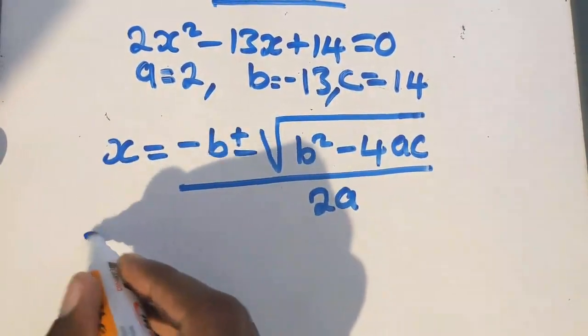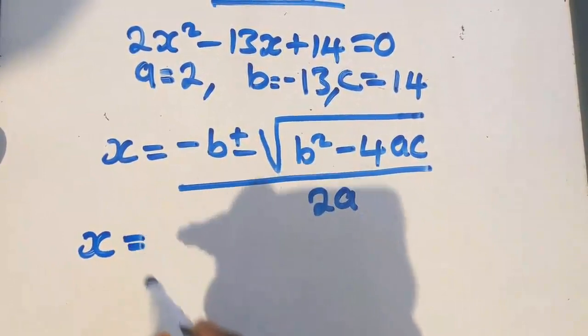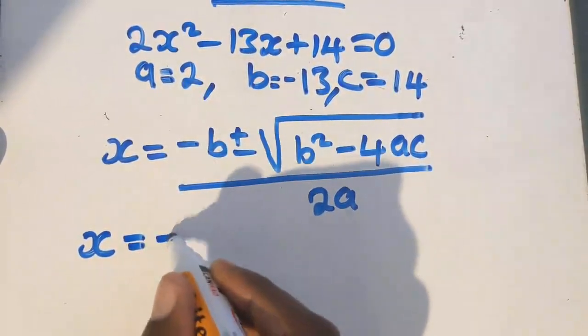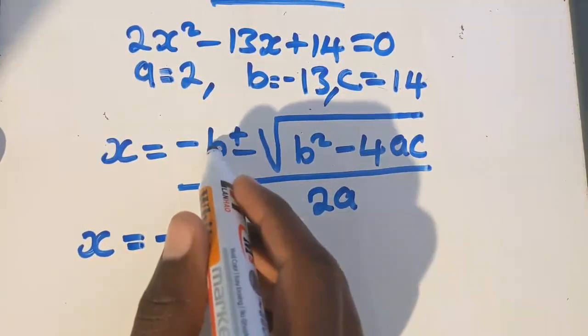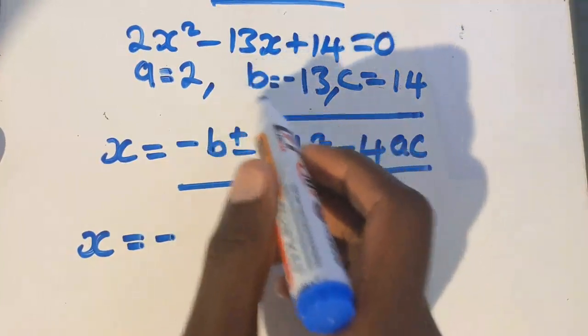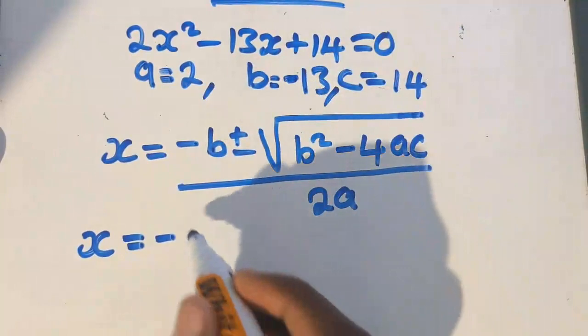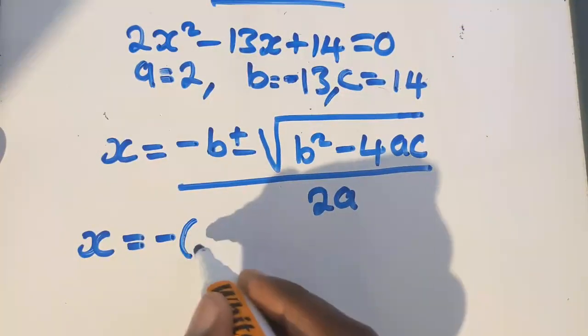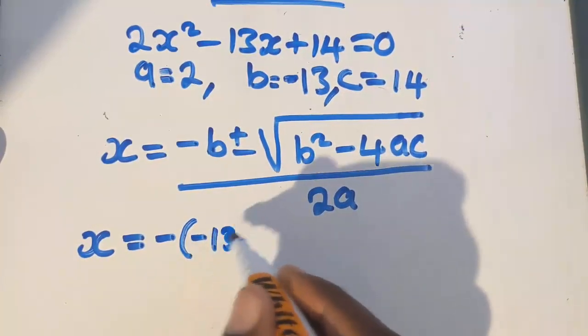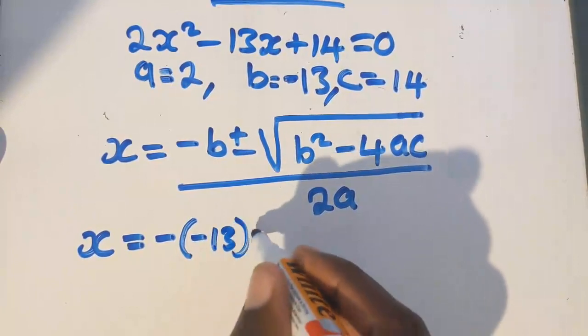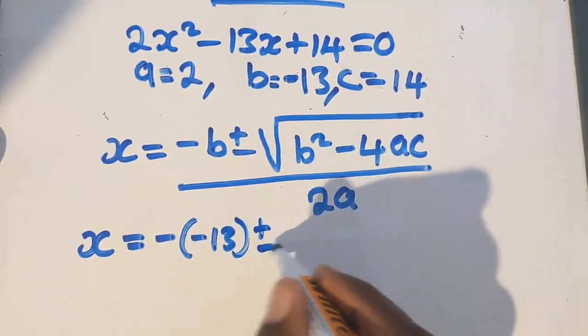So we say x is equal to negative b. What is b? B is negative 13. So you say multiplied by negative 13, like that. Then positive or negative.